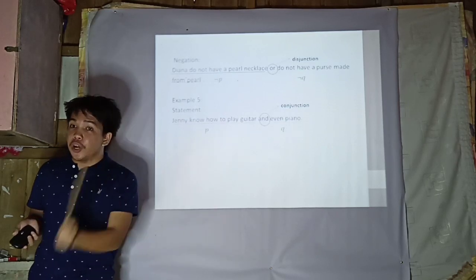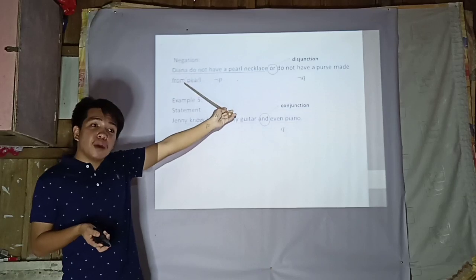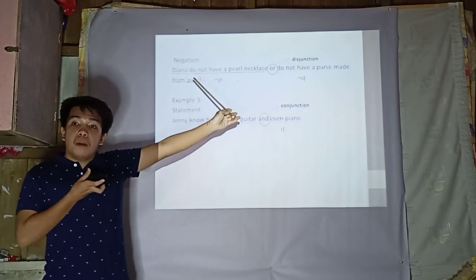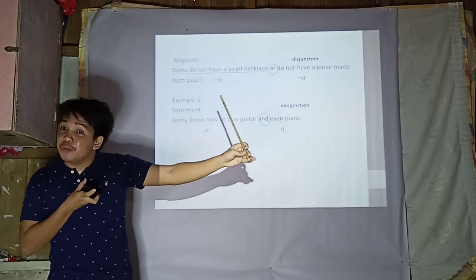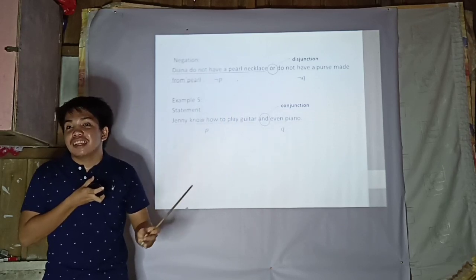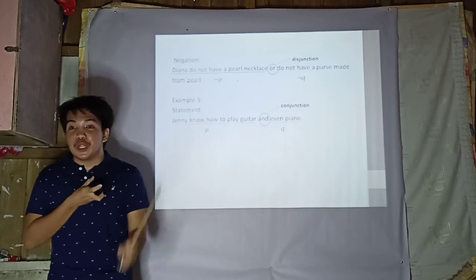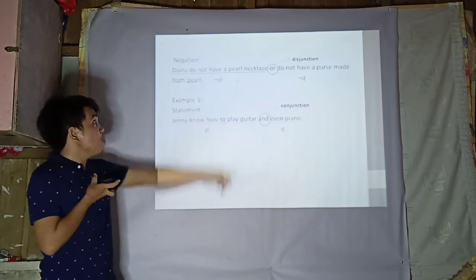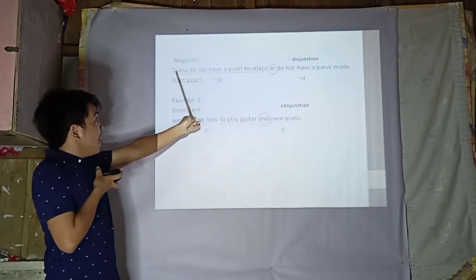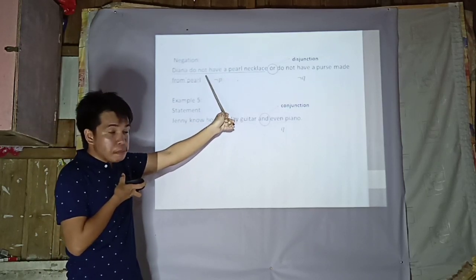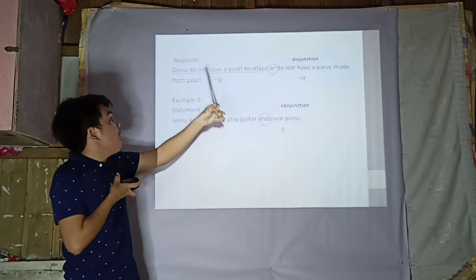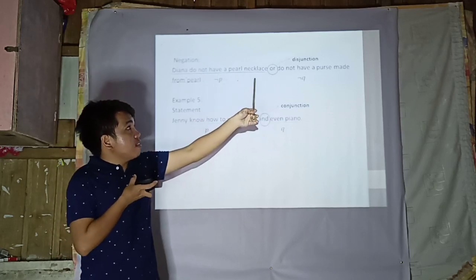Like what I said earlier, if we want to negate the true statement into a negative statement, we must add "not". So here: Diana does not have a pearl necklace.